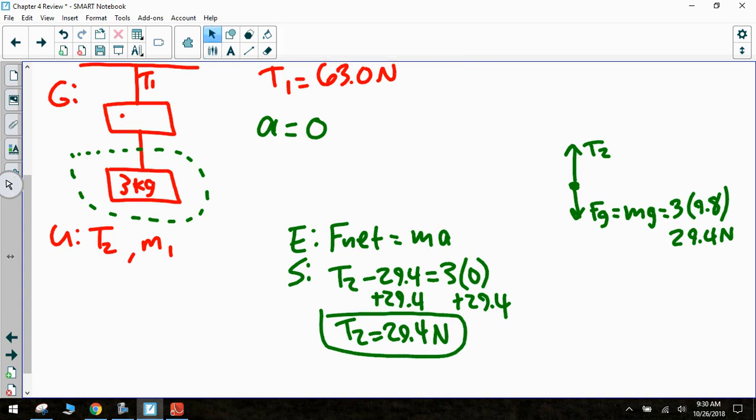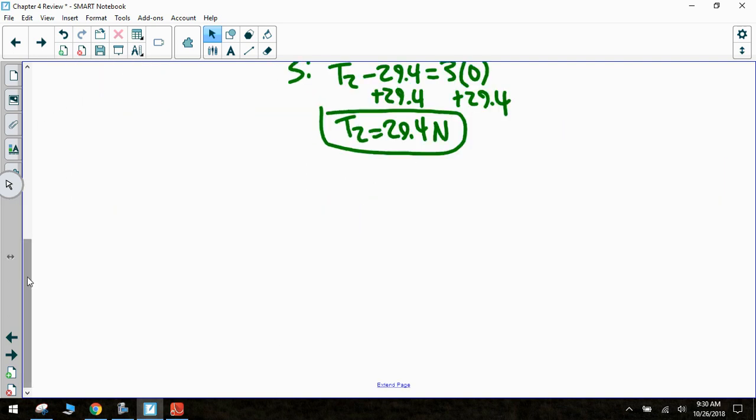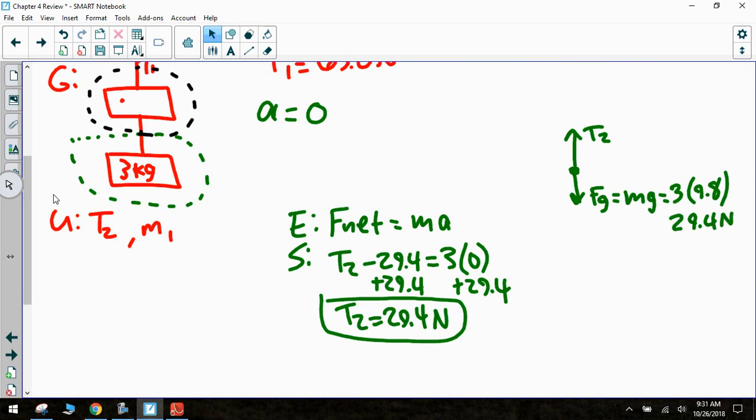Okay, so now that I've got T2, I can do this guy right here. Okay, my free body diagram for this top one.